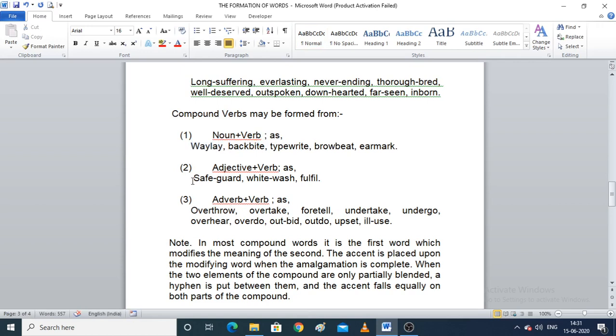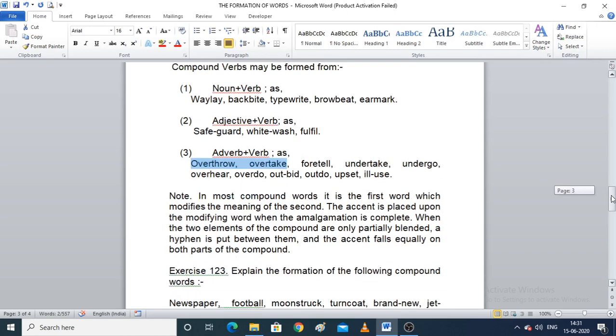Adjective: safe is an adjective, whereas guard is a verb. Similarly, we have adverb plus verb also, where over is an adverb and throw is a verb. Over is an adverb, whereas take is a verb. You all have to read all these examples for your reference.